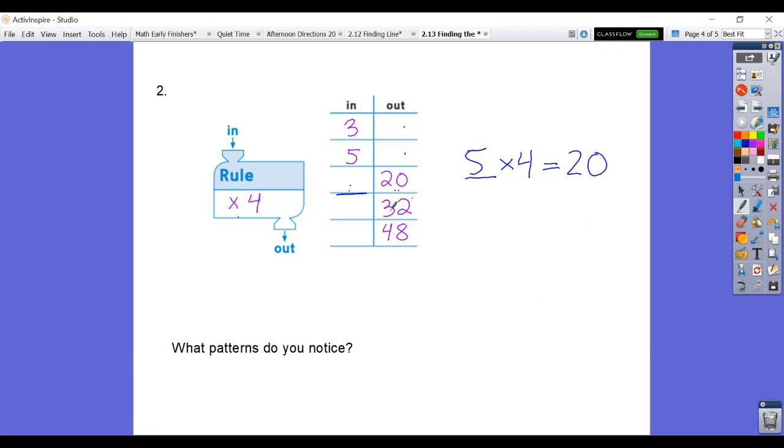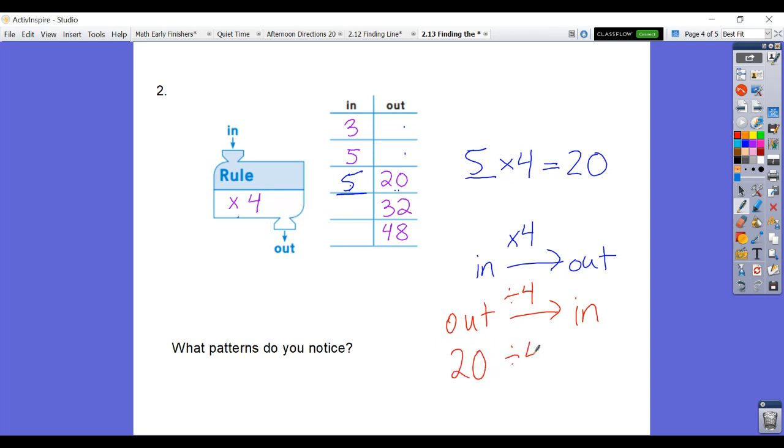You're right, 5. So we could also think, remember, from in to out, this was times 4. So if we want to do our inverse operation, meaning the inverse will undo it, what would be the inverse of multiplying by 4? Dividing by 4. And hey, that would have worked here, right? My output was 20.